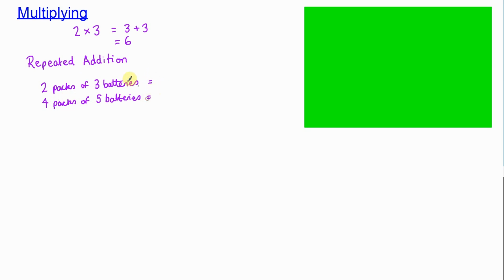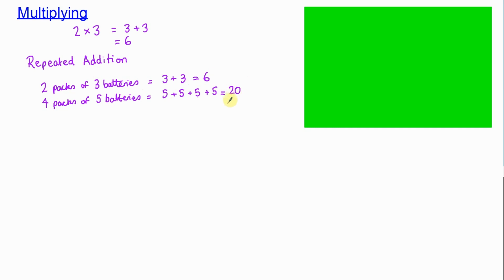So to show you the repeated addition, 2 packs of 3 batteries. Well, if you've got 2 packs of 3, you've got 3 batteries, 3 batteries, which gives us 6 batteries. If you had 4 packs of 5 batteries, 5 in the first pack, 5 in the second, 5 in the third, 5 in the fourth pack, which will give you 20 batteries.